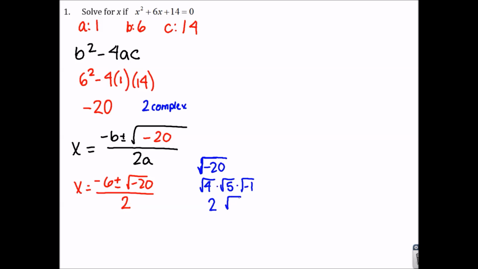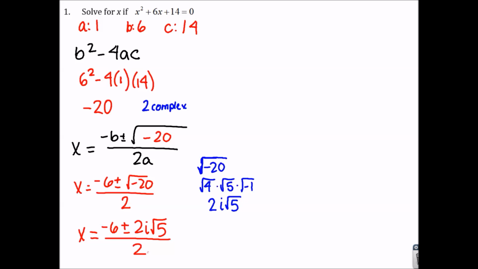Square root of 5 can't be simplified, and square root of negative 1 is i. So this will simplify to 2i square root of 5. So I end up with x equals negative 6 plus or minus 2i square root of 5 over 2. And that is almost our final answer.